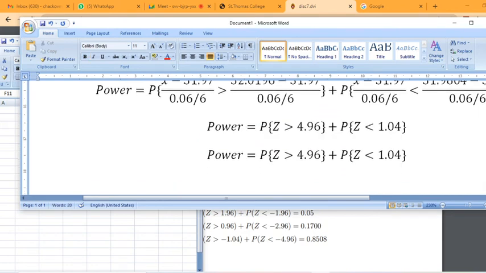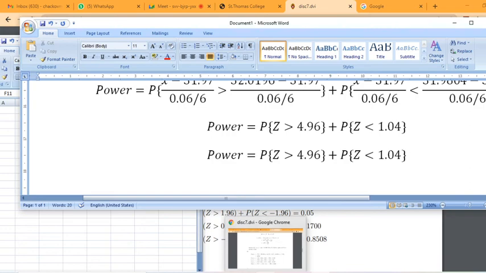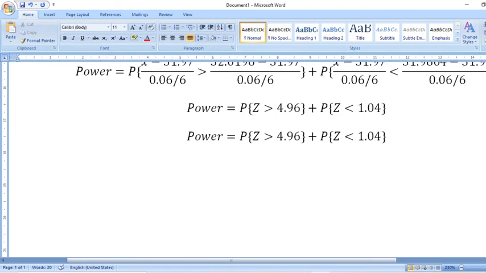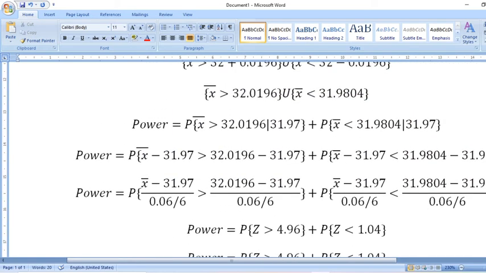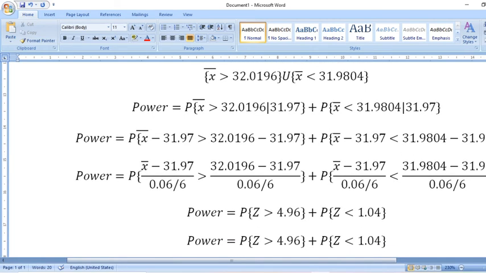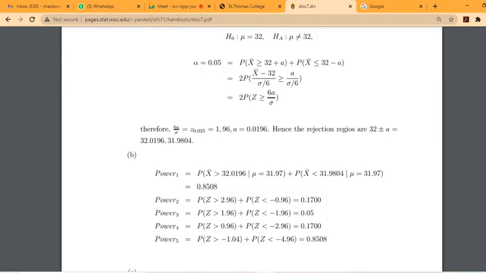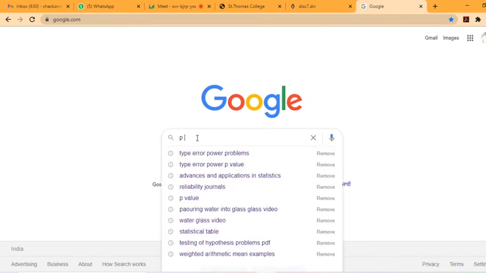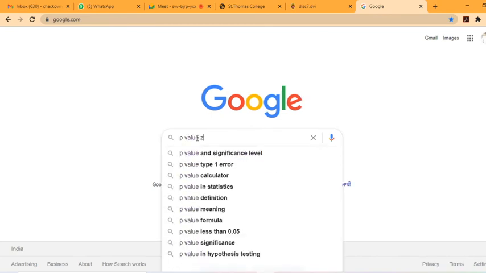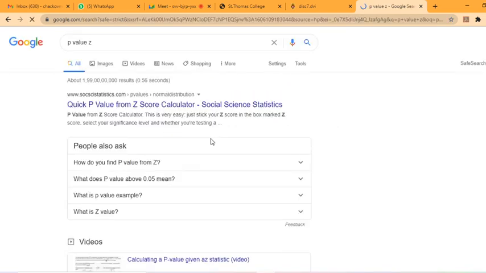value of the p-value. That can be computed using software, I think it is available in software.